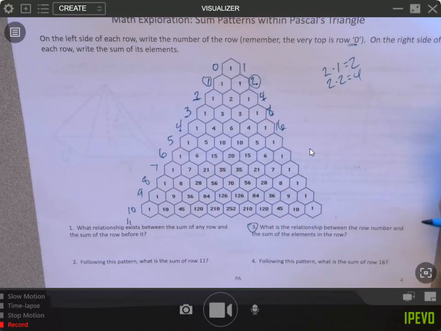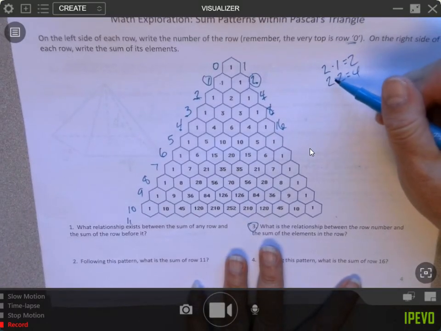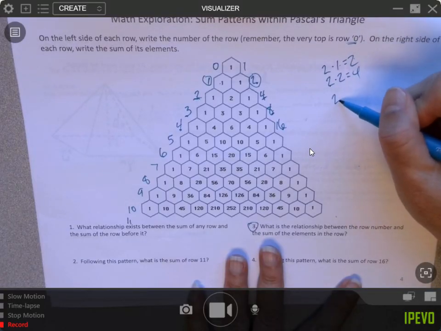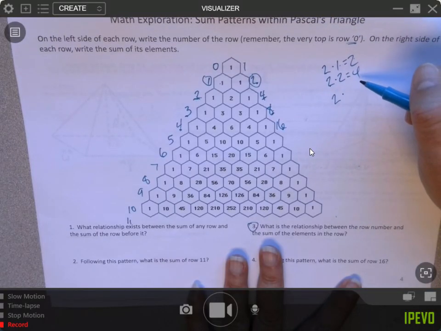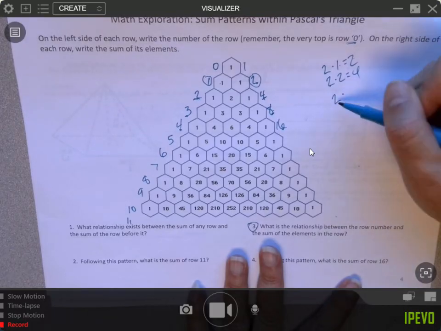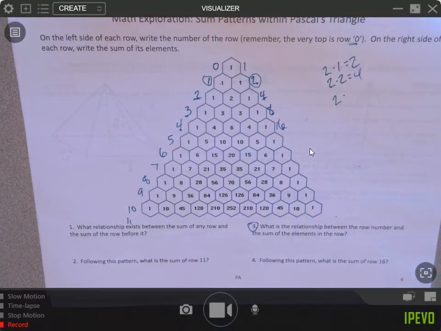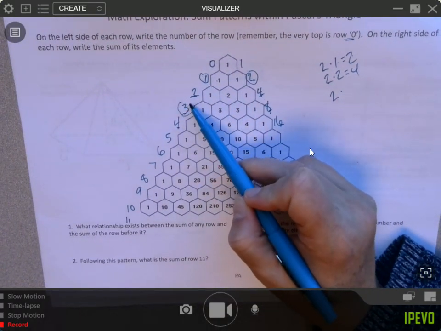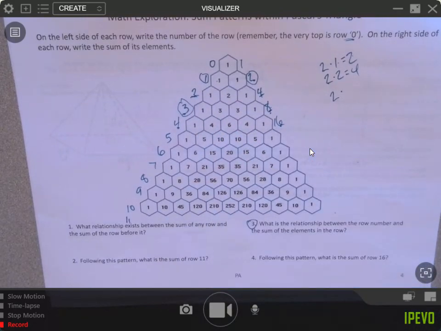No. So we have to get that exponent in there. So if I know 2 times 1 is 2 and 2 times 2 is 4, 2 times 3 is not 6. How could I use an exponent with that 2 to get to the 8 using my row number?